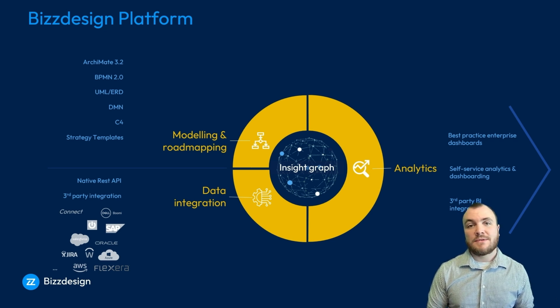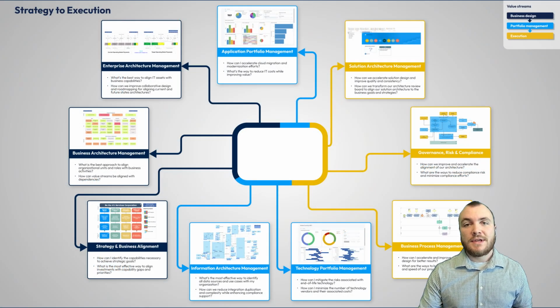We can also do some on-the-fly visualization generation, where we can generate a heat map based on the data in our repository, or a pie chart, or a donut chart, or even a bar chart, right? We can generate those types of things on the fly within Bizzdesign. Here are some examples of what those visualizations or dashboards might look like.